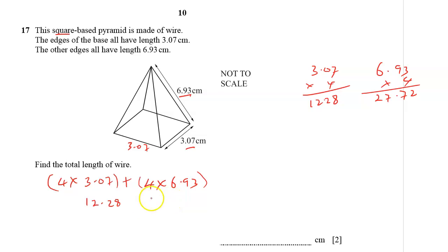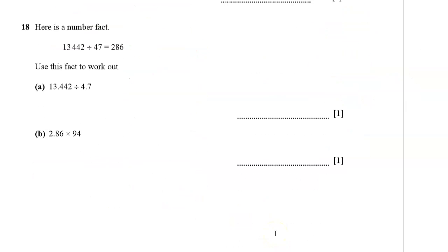So 27.72. So 27.72 plus 12.28. So the total length of this wire is 40 centimeters.